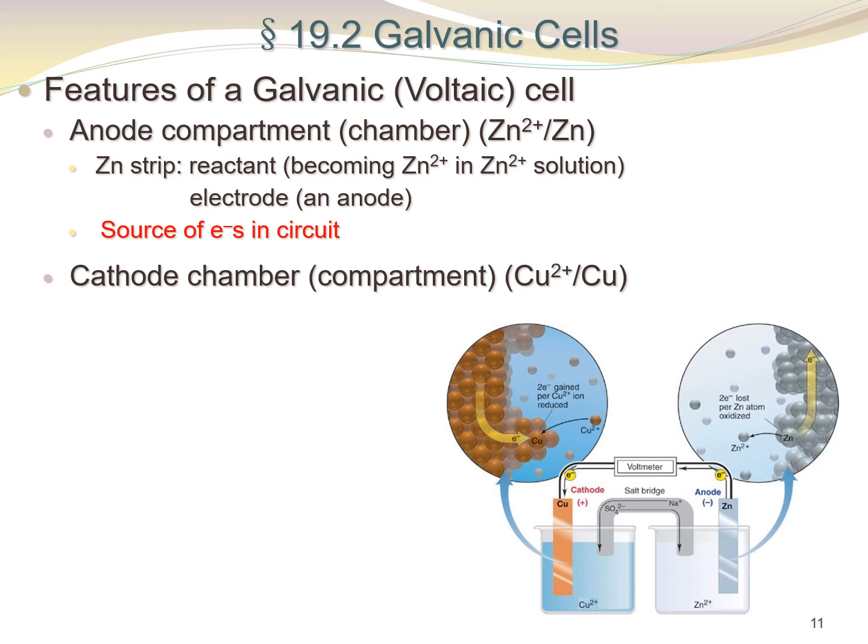So zinc not only acts as a reactant, it also acts as an electrode, as an anode, because it's a piece of metal that conducts electricity. As this diagram shows, we have zinc dissolve in the solution as zinc 2+, leaving 2 electrons behind. And in our next lecture, we'll try to explain just how this electron can make a flow.